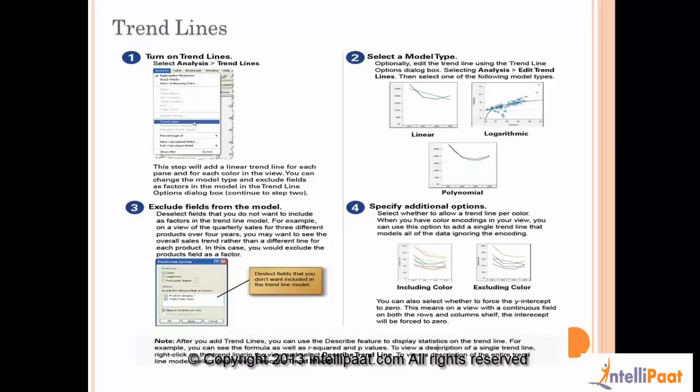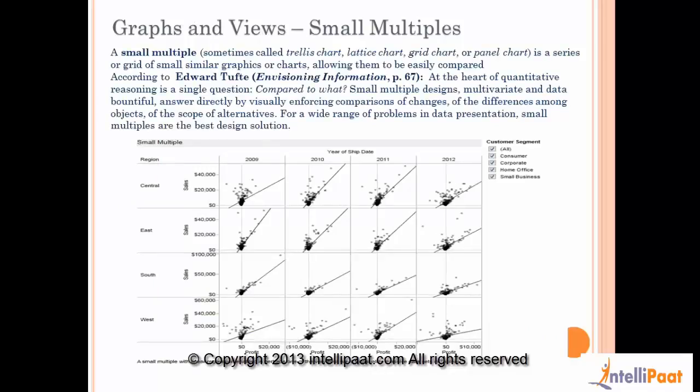You can create different types of trend lines, basically linear, logarithmic, or polynomial, based on your requirement. And then you can split those into different colors, or you can say don't show one trend line per color, so then it will show just one trend line.